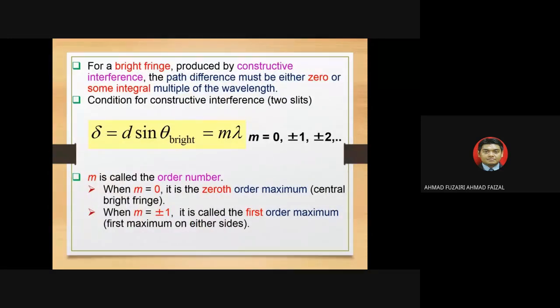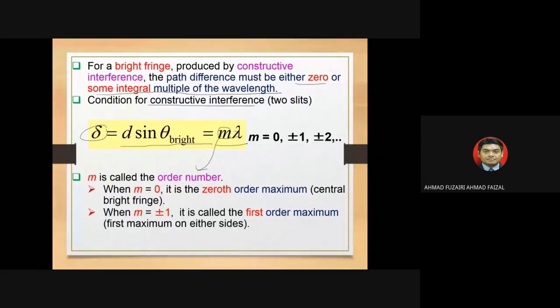For a bright fringe produced by constructive interference, the path difference delta must be either 0 or some integral multiple of the wavelength, like 1, 2, 3 and so forth. Therefore, the condition for constructive interference, or bright fringe, at point P is given by delta equal to d sine theta equal to m lambda, where m is the order number.